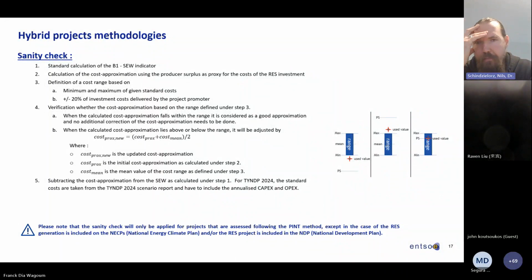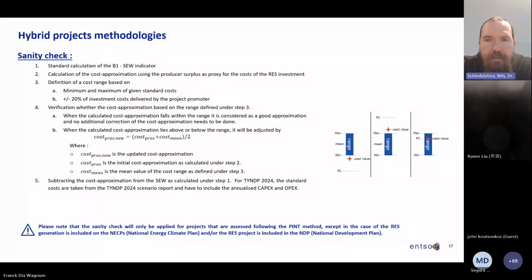Therefore we apply the mean value between the mean of the range and the producer surplus, and this is where the star shown in this little figure is placed, and this is the value that will be used. In the final step, this value will be subtracted from the socioeconomic welfare that was calculated in the first step on this slide.